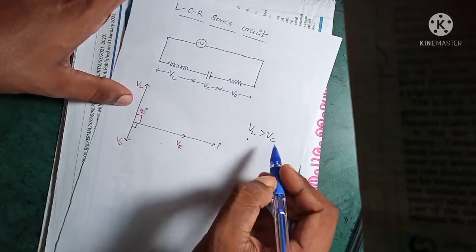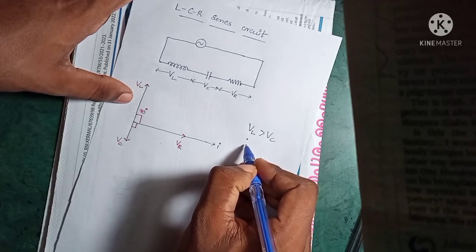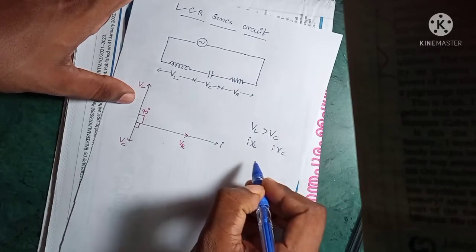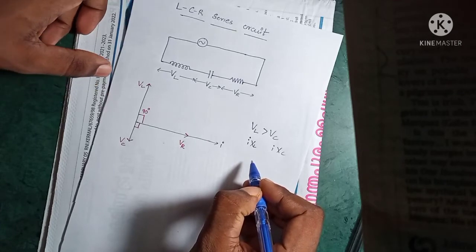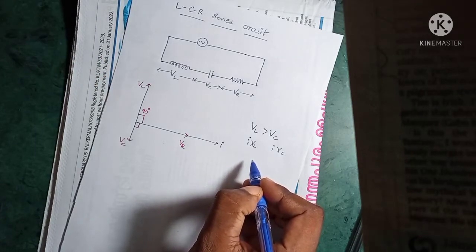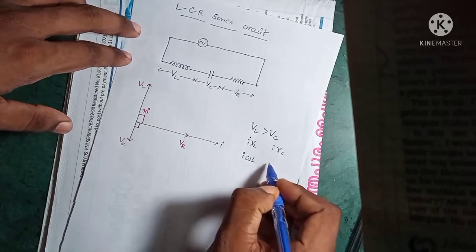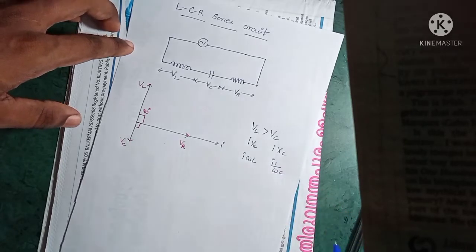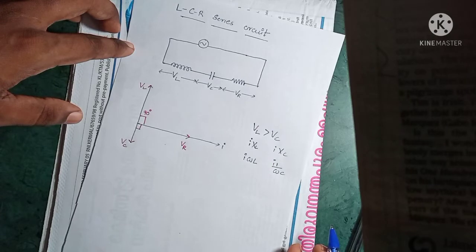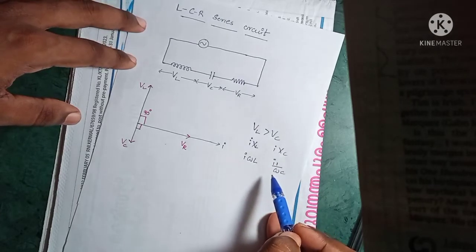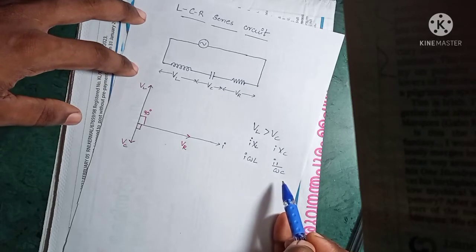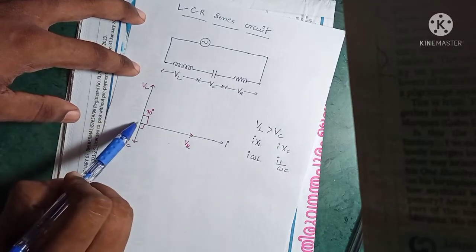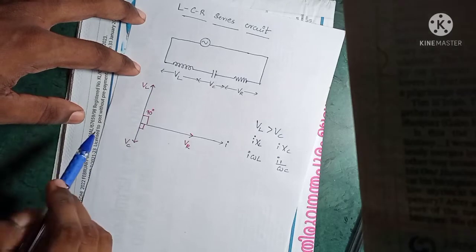For the reason we have discussed in the last class, that is VL is represented by I XL and VC is represented by I XC, and XL is given by omega L and XC is given by 1 by omega C. So from this it is clear that VL is greater than VC, which is why I have represented the magnitude of VL greater than the magnitude of VC.